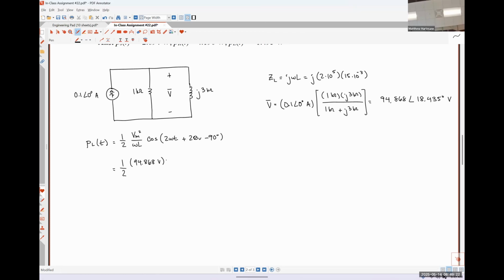One of the most common mistakes I see students make when performing this calculation is that they accidentally put in the full phasor there. No, you're specifically asked to put in just the magnitude of your phasor voltage, okay? So that's why we're doing just 94.868, not 94.868 with an angle of 18.435 degrees. We only want the magnitude here.